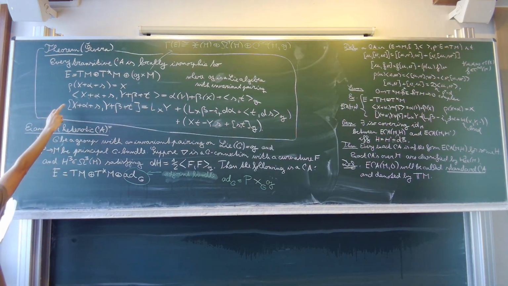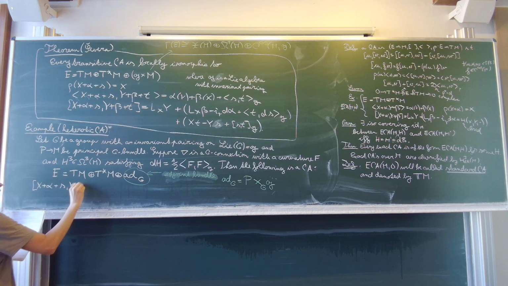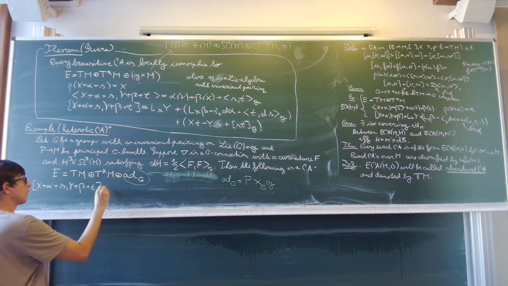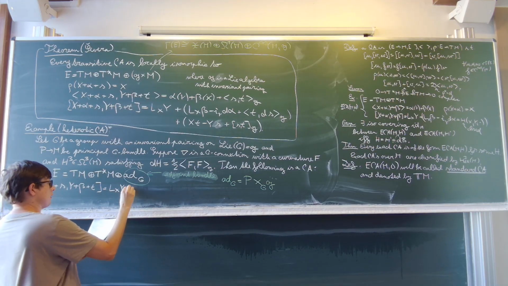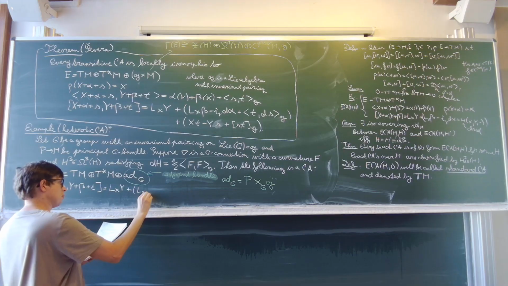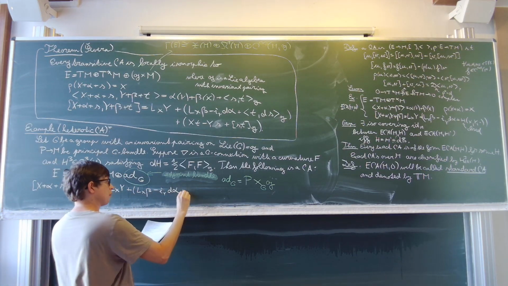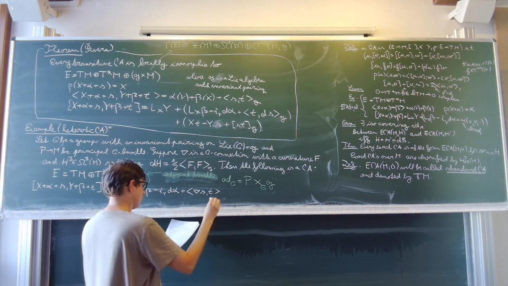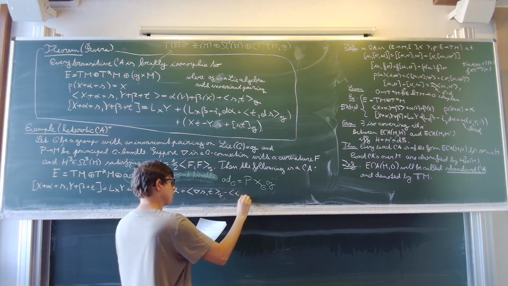Okay, and the anchor and the pairing are the same, but the bracket is the non-trivial thing, so we have to define the bracket. It starts like this, and then it continues. Beta minus i_Y d alpha, plus now there is a connection, and then there is a curvature contribution.